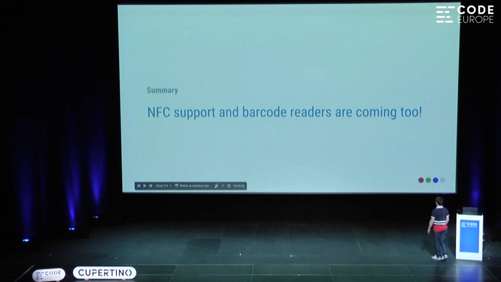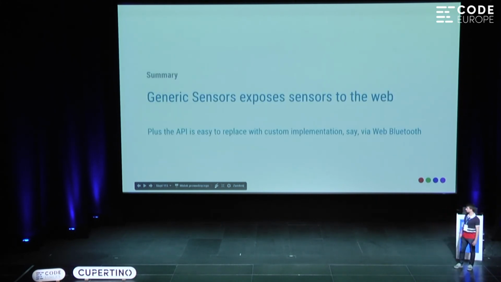NFC support, barcode readers and things, it's coming along. It's under standardization, and we'll probably see that within a year or so. We've long missed sensors supported on the web, and that is also happening now. It is currently awaiting to become an origin trial in Chrome. They're already supported using a flag, so you can actually test these things out today.